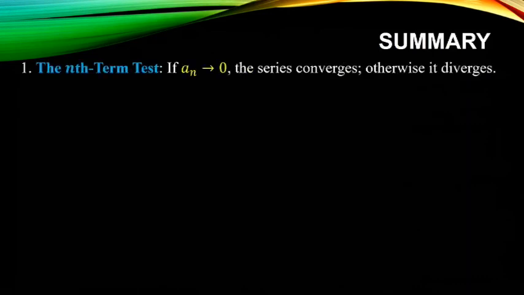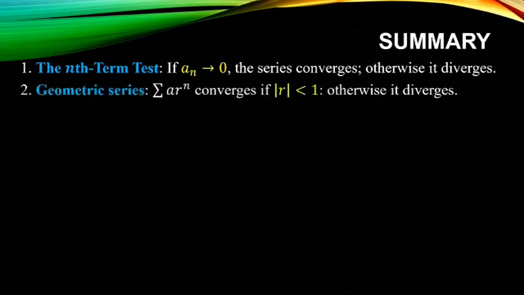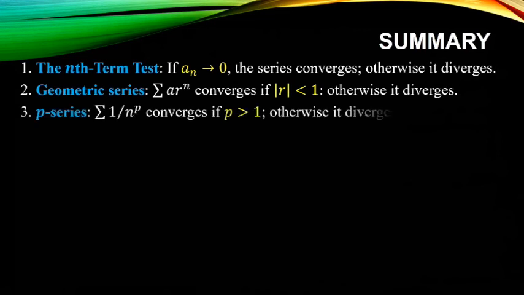So in summary, for the nth-term test, if the nth term a sub n approaches 0, the series converges, and otherwise it diverges. Number 2, in a geometric series, the summation of a times r raised to n converges if the absolute value of the common ratio r is less than 1, otherwise it diverges.